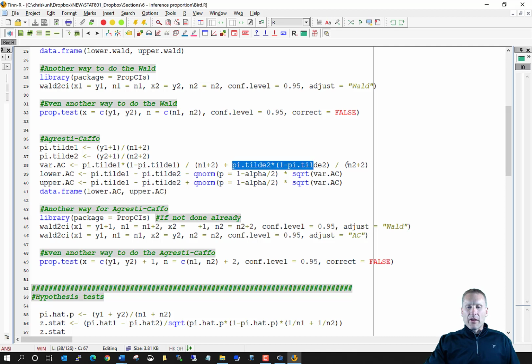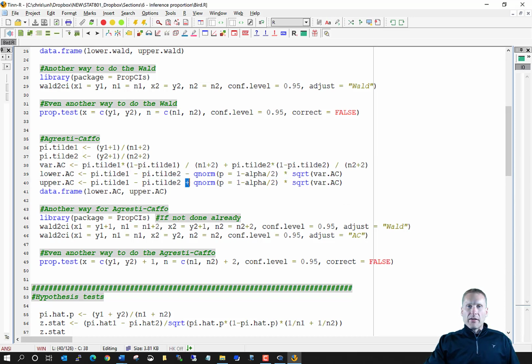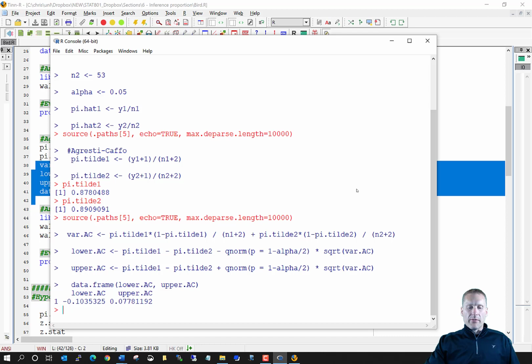I do the same thing with the second sample as well. So I use that to find my lower bound. My upper bound is exactly the same, but now I put a plus before the quantile from the standard normal. And then I summarize everything in a nice data frame. And here's our interval, exactly what I had when I wrote everything out.